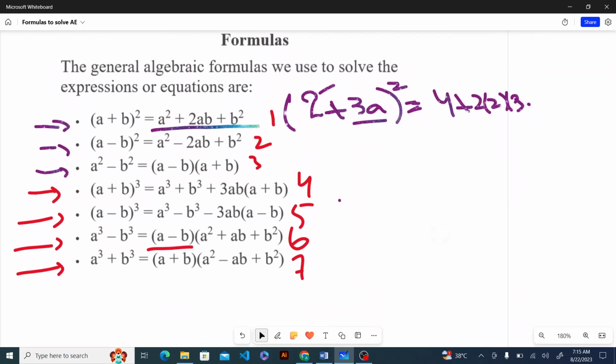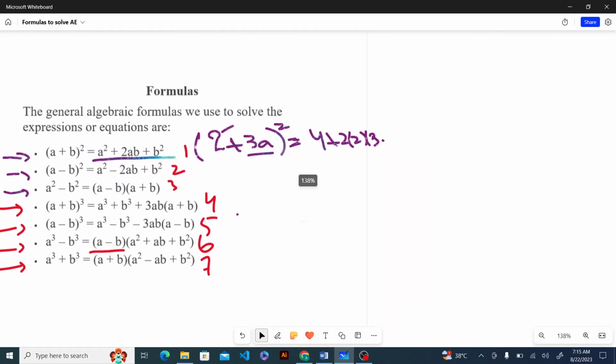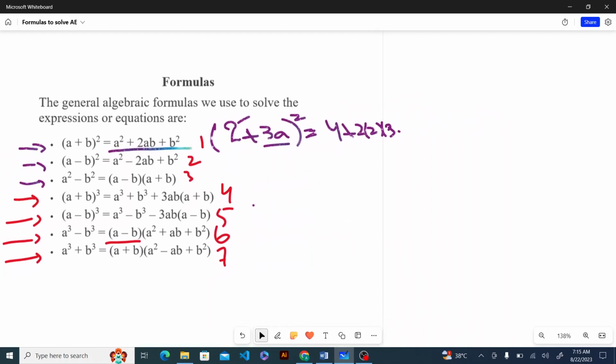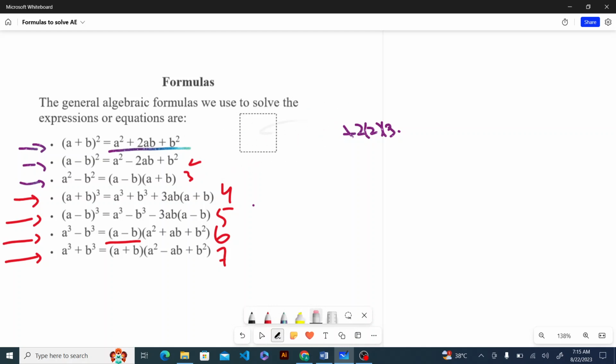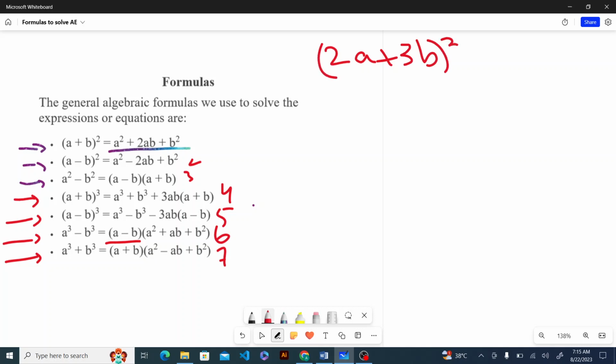Now I will do an example for you. Let's just take 2a plus 3b, okay, whole cube. So 2a is a and 3b is b here.